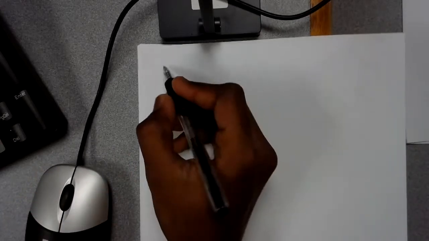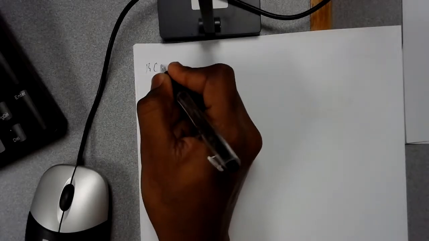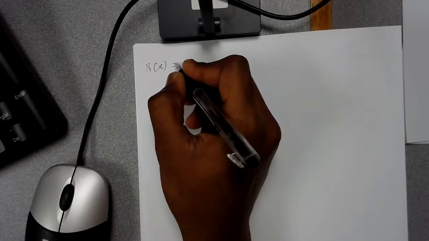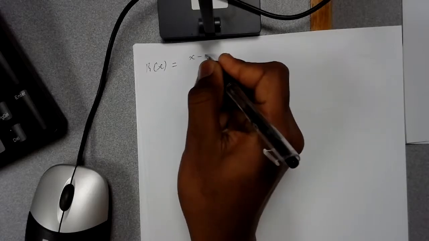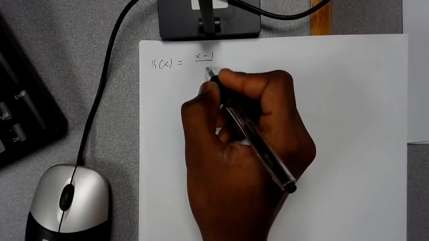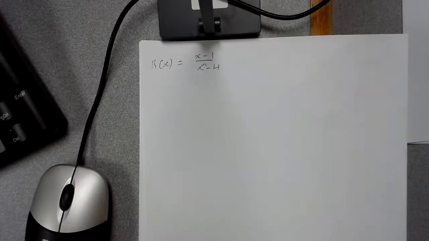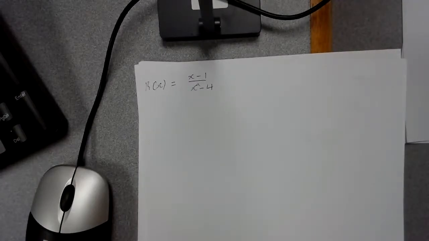Okay, it's this question here. R of x is equal to x minus 1 over x squared minus 4. So the question is this one.